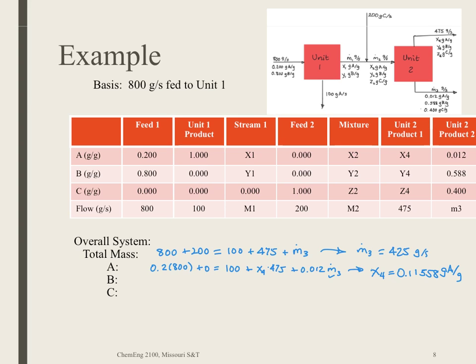Okay. Now I can do B. Okay. B also contains 0.8 times 800. Nothing came in feed 2. Nothing goes out in unit 1 product.